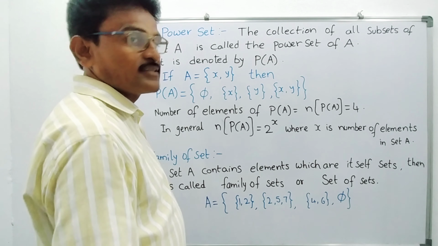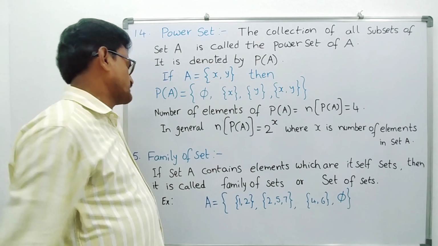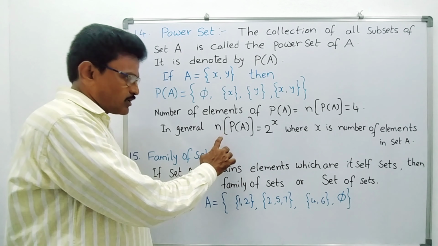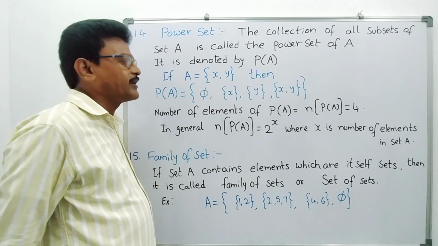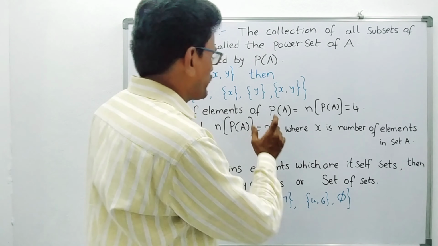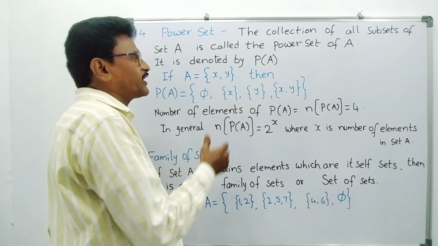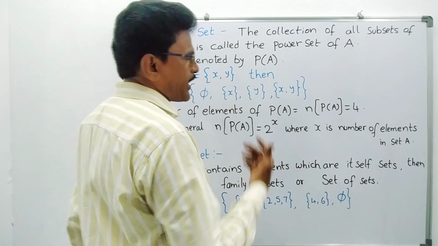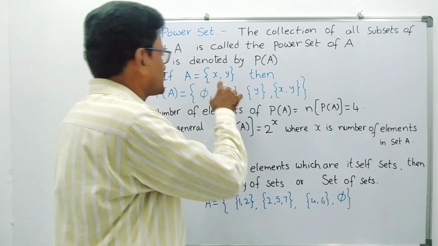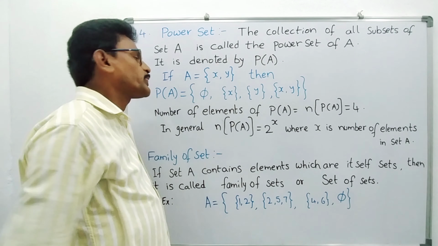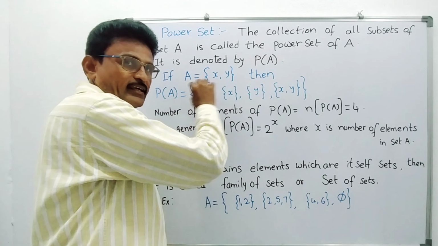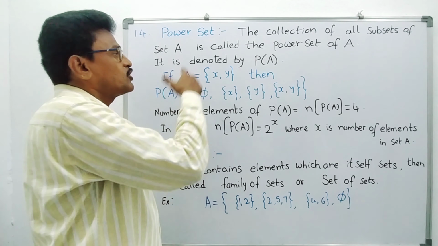How are we getting it? Same formula, 2 to the power of x. So generally we can write the number of elements in power set A is 2 to the power of x, where x is the number of elements in set A. How many elements are there? 2 elements are there. So 2 squared, we are getting 4. Suppose here 3 elements are there: x, y, z. Then how many elements you will get here in the power set means 2 cubed.